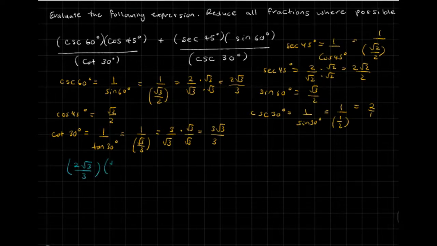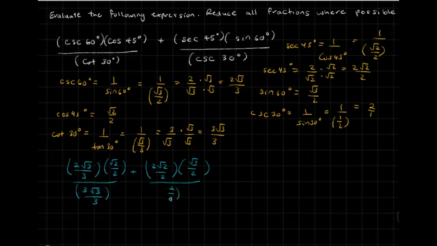Cosine 45 was square root 2 over 2. Cotangent 30 was 3 square root 3 over 3. And we're going to add this with secant 45, which we calculated was 2 square root 2 over 2, sine 60, which was square root 3 over 2, and cosecant 30, which is basically 2 over 1.